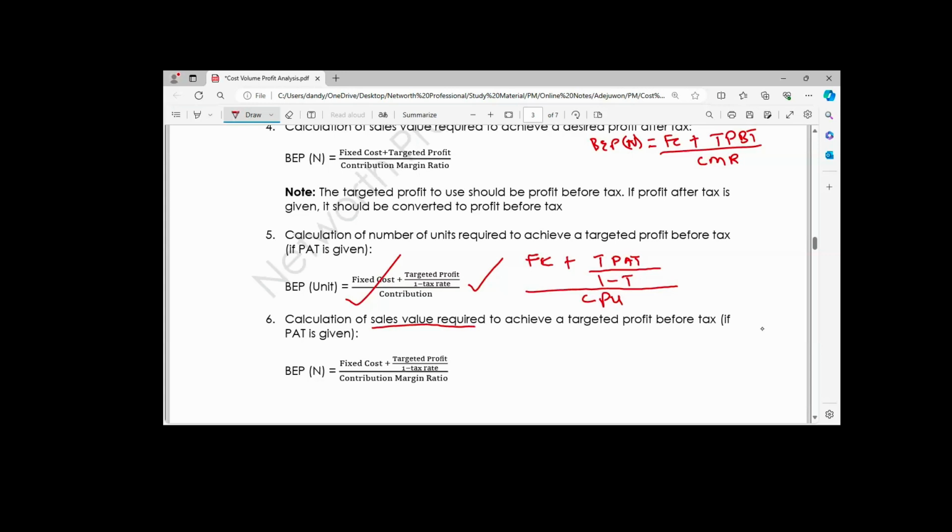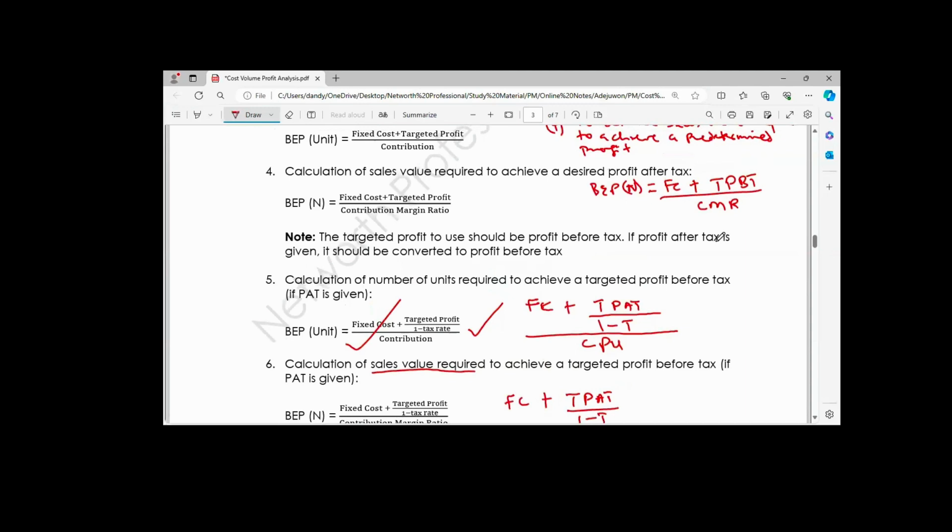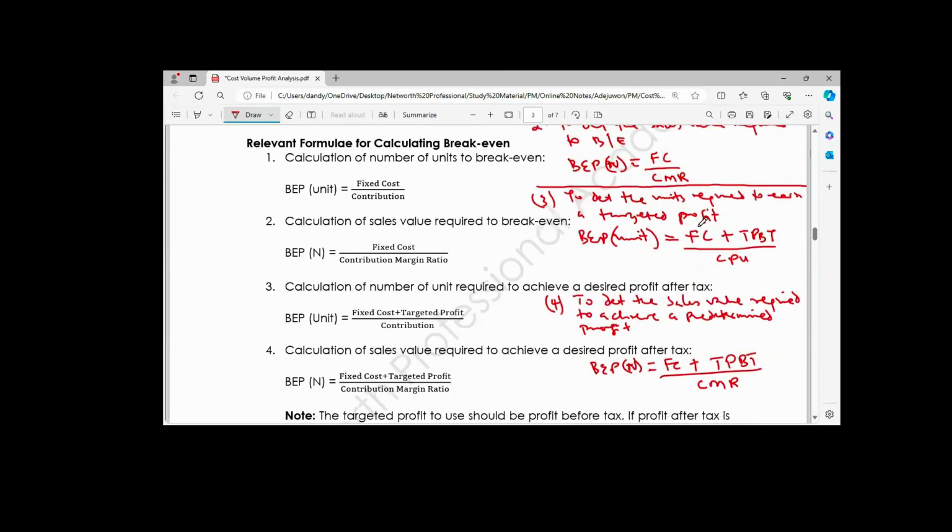Then in this one too, I would say fixed cost plus targeted profit after tax divided by 1 minus tax rates, or divided by contribution margin ratio. You can see something is common in all the formulas I've demonstrated so far.